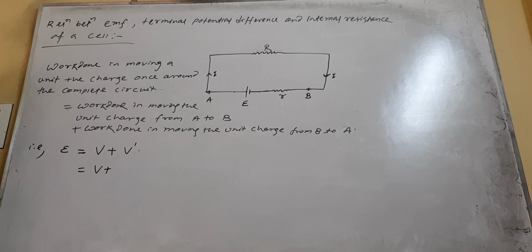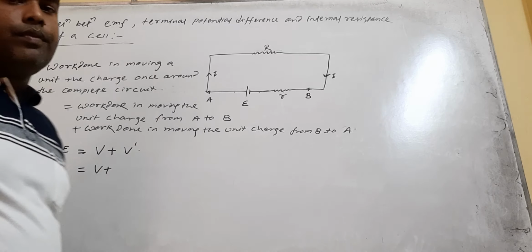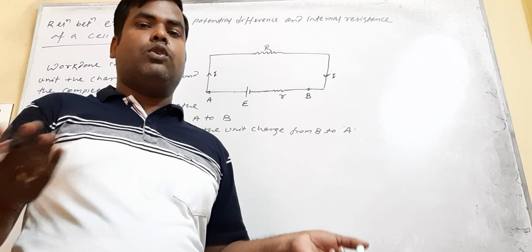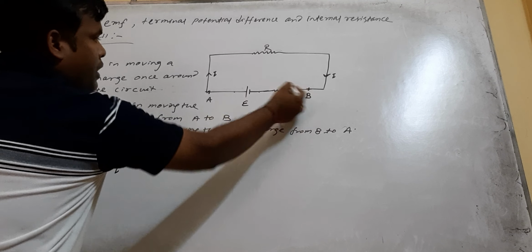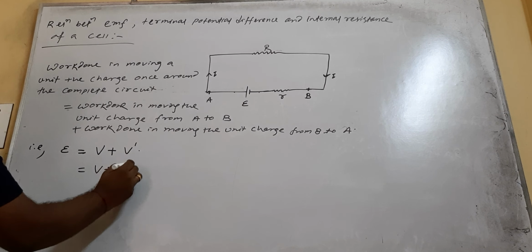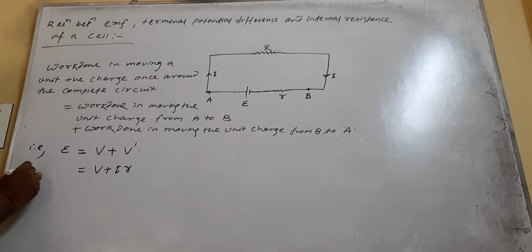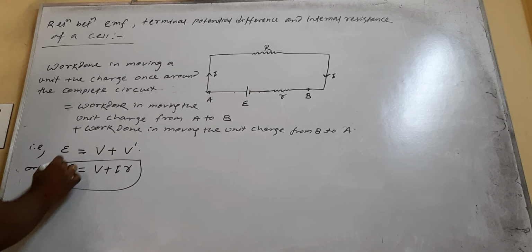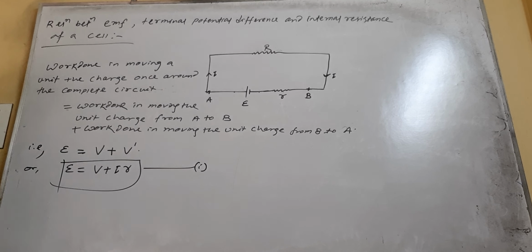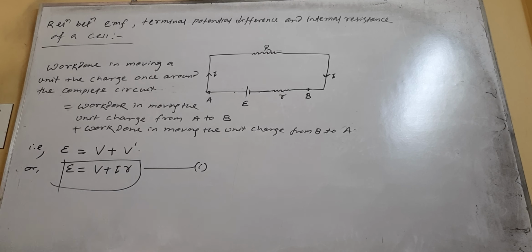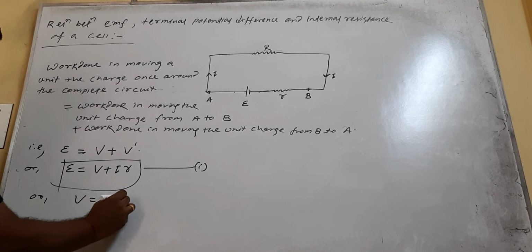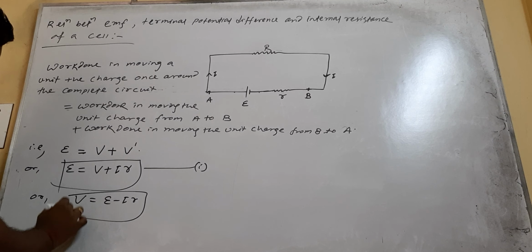Potential drop in the resistance according to Ohm's law, V is equal to IR, that is I into small r. So here you got one of the important relations, that EMF is equal to terminal potential difference V plus I small r, or you can write V is equal to E minus Ir.